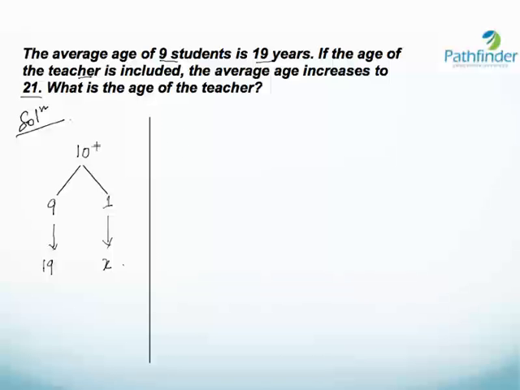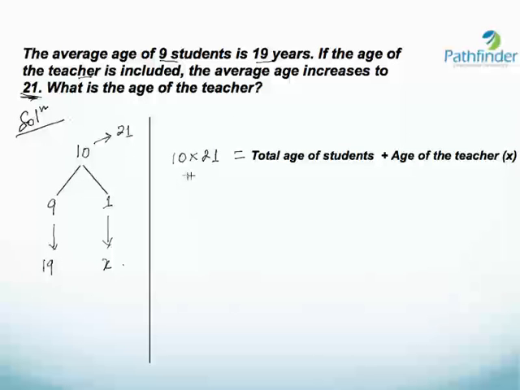So what is the average of this entire group of 10 people? It is already given to us as 21 here. So the sum of ages of all the 10 people is 10 into 21, and this must be equal to the total age of the students plus the age of the teacher.